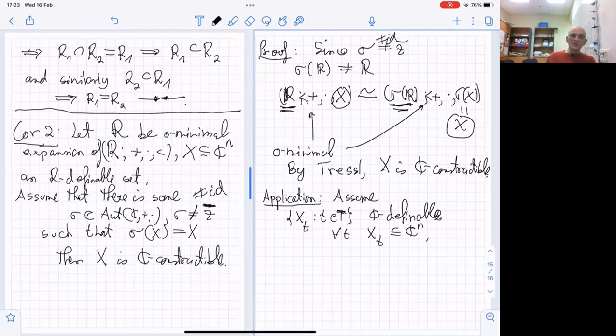Now it's very common in model theory to ask about various properties of the parameters and to ask, okay, is this again constructible? What can one say about this?